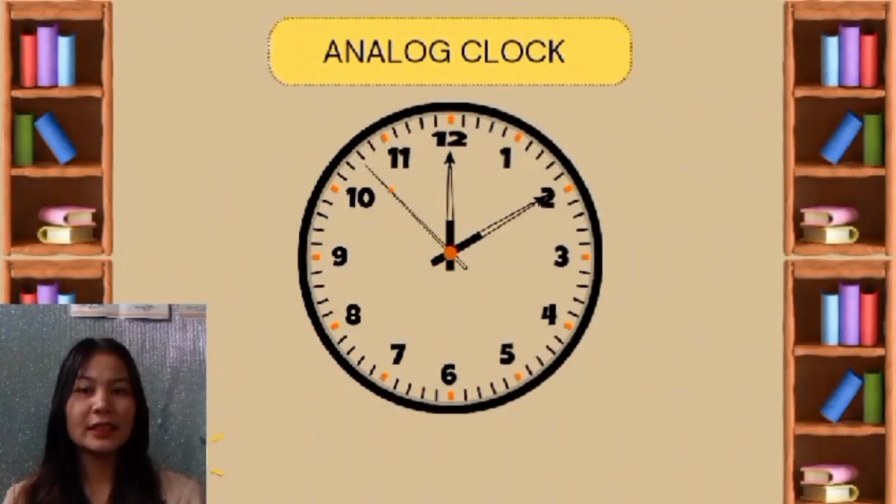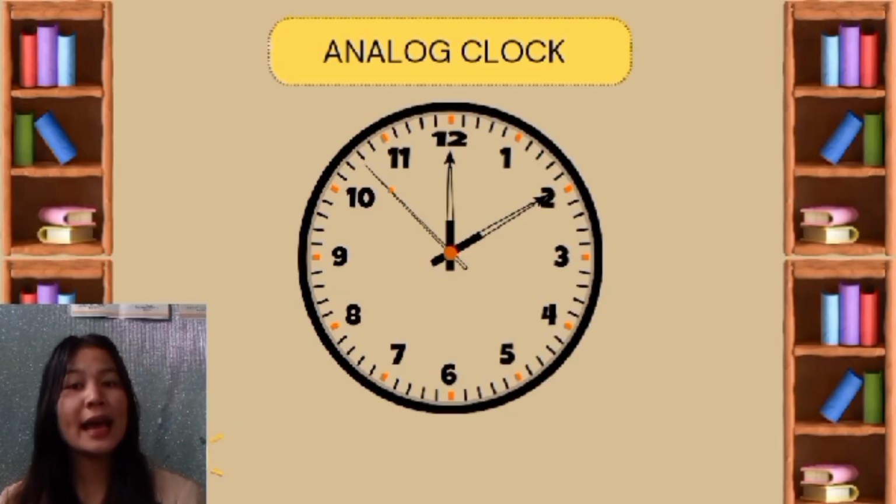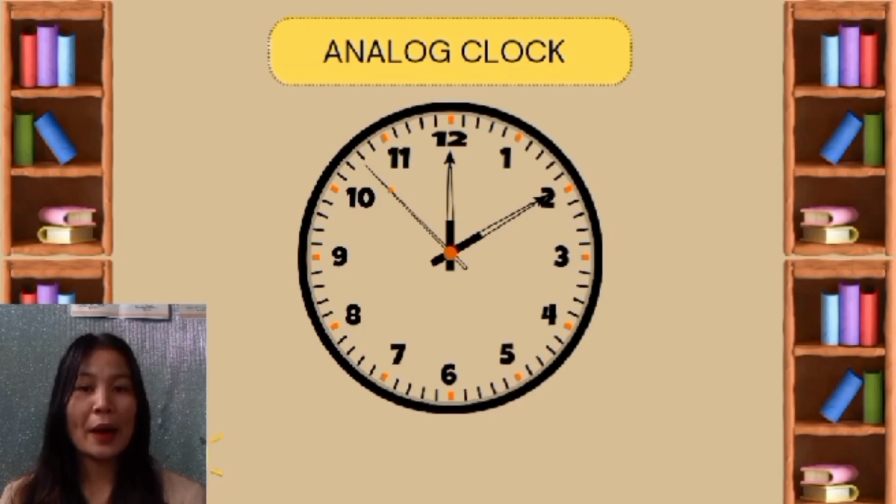The hour hand, this shorter hand, indicates the hour. The minute hand, this longer hand, indicates the minute. The clock face is marked with numbers 1 to 12 representing the hours.